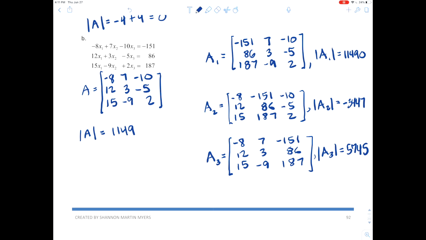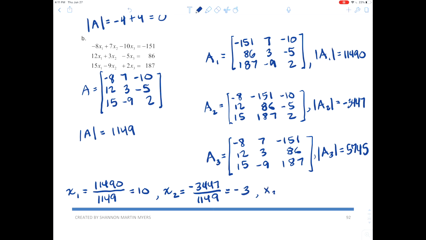Cool so far? All right, so x1 will be equal to 11,490 divided by 1149, which is equal to what? 10. Very good. x2 will be equal to negative 3,447 over 1149, which happens to be equal to negative 3.